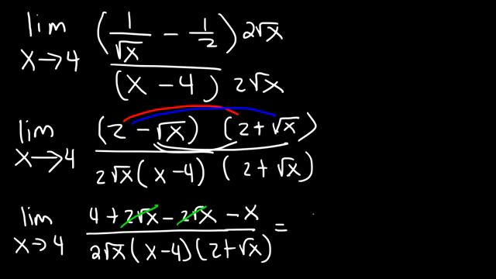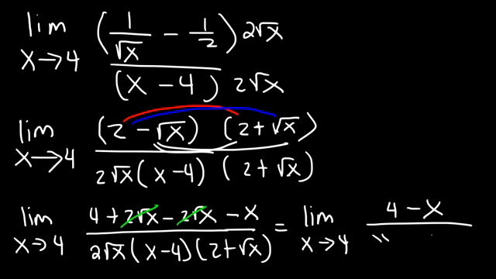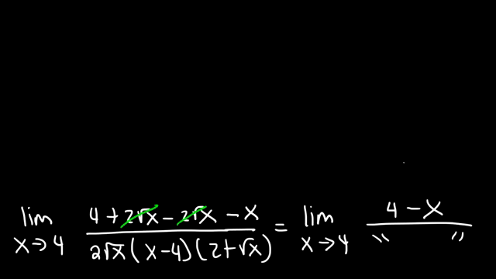So what we have left over is the limit as x approaches 4 of 4 minus x divided by all the stuff that we have on the bottom. Now what we're going to do at this point is factor out a negative 1. So this is now the limit as x approaches 4.